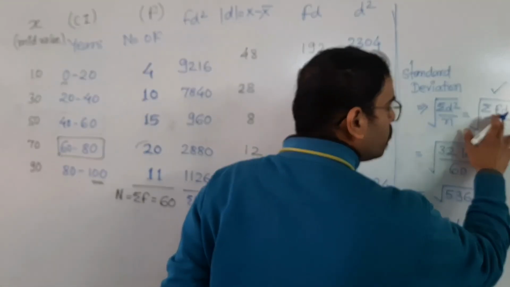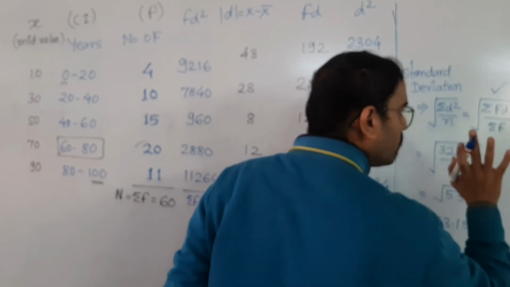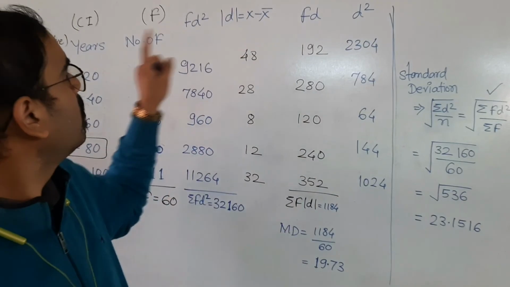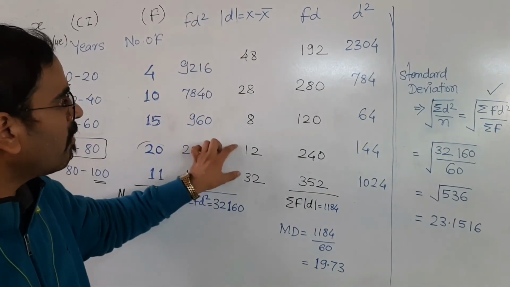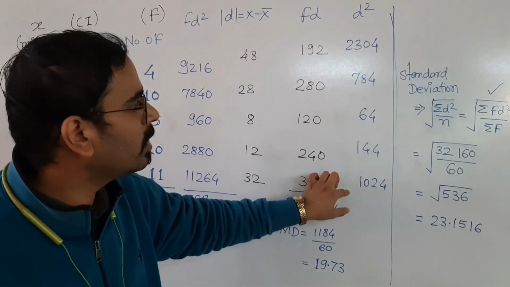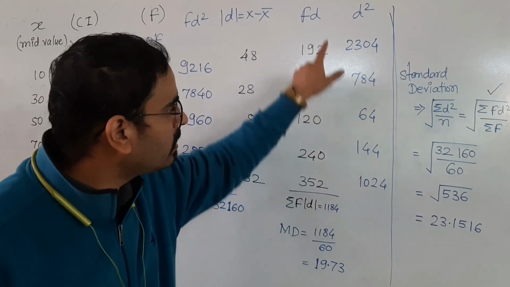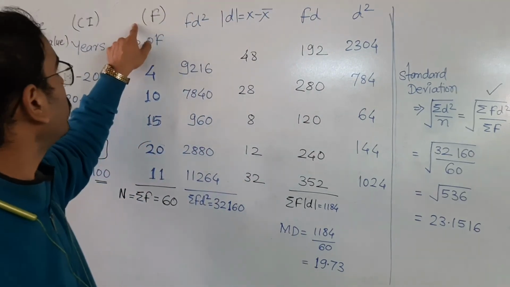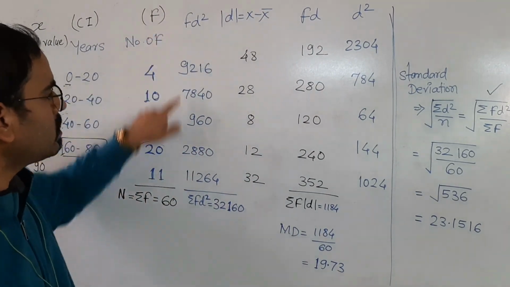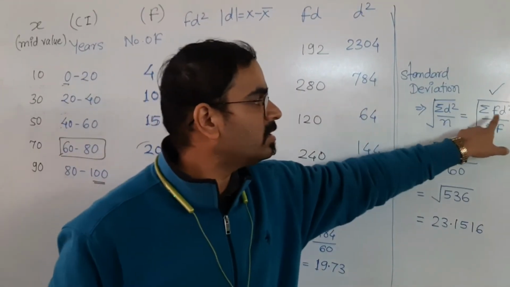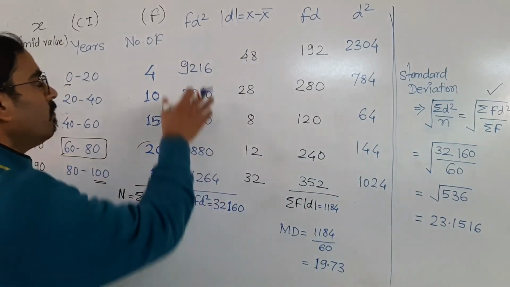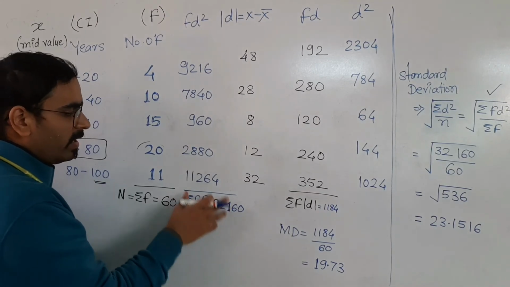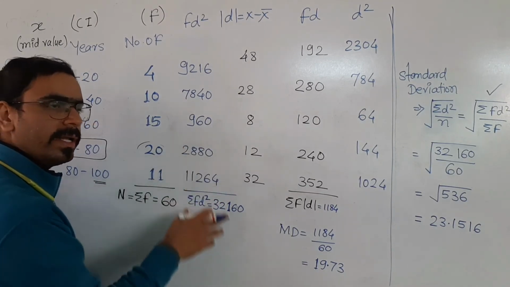Okay, so we need to find summation f d square. For that we have to find a separate column of d square. So we have d values, we have made a separate column of d square, then we have to multiply that column with frequency terms, means d square into frequency. So we have made another column, that is fd square, because we need the summation of fd square. Then we have to find the summation of the entire column.